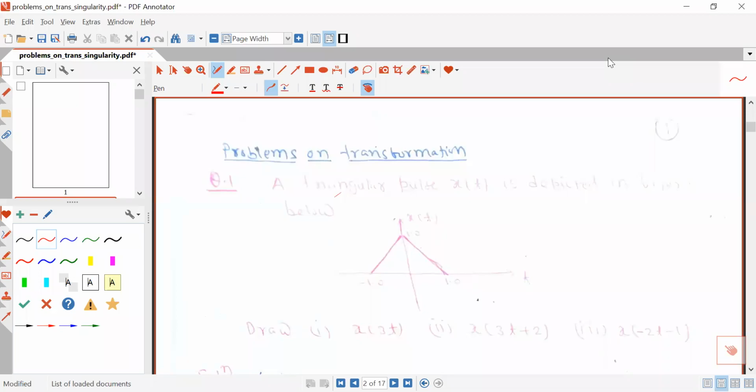In this lecture, I am going to discuss some problems related to transformation of independent variable. Let us consider the first problem.